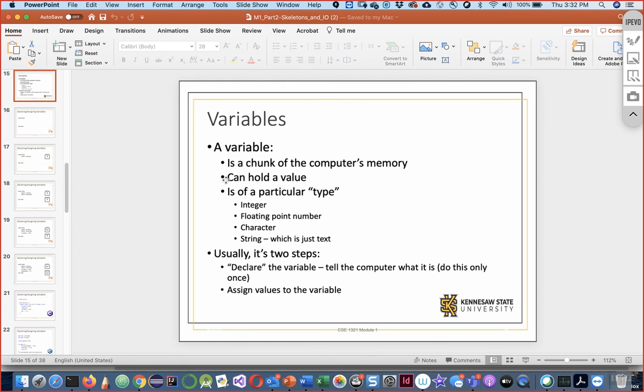There are two versions of increment and decrement operators. The operator can be before the operand or after the operand. This is called prefix notation, and this is called postfix notation.